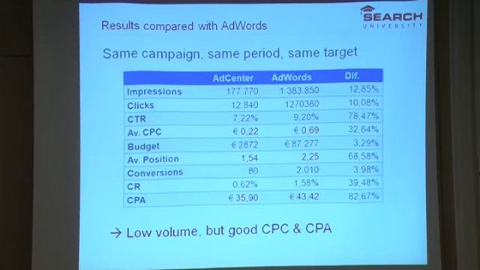You see, of course, the budget is completely different. You can work with a very small budget. This is for France, yes. But you get a really good position even if the average CPC is lower. Then, of course, we measure the conversions. Well, it's quite low compared with AdWords in terms of volume, but of course, with a very low CPC, we get a cost per acquisition lower than for AdWords, even if the conversion rate is also lower.